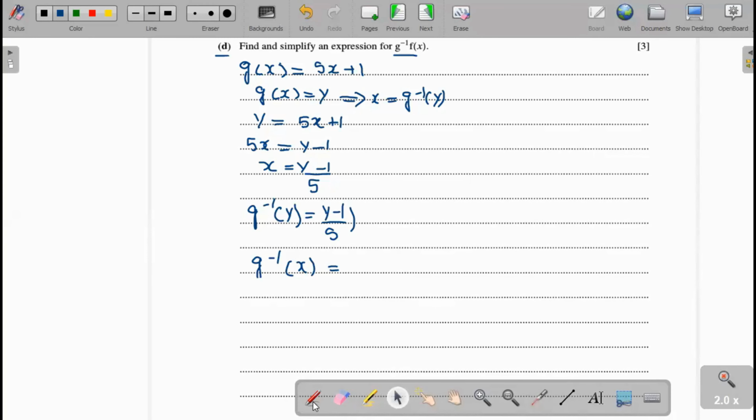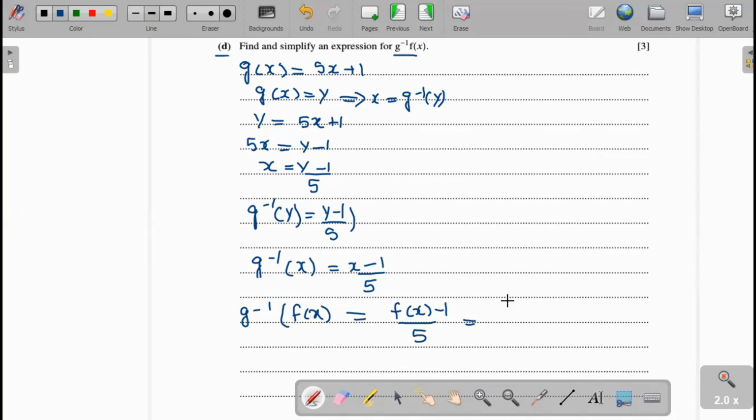Now, g inverse of x can be written as x minus 1 over 5. We replace y by x. Now, we have to find g inverse f of x. Therefore, we write f of x is replaced by f of x minus 1 over 5.